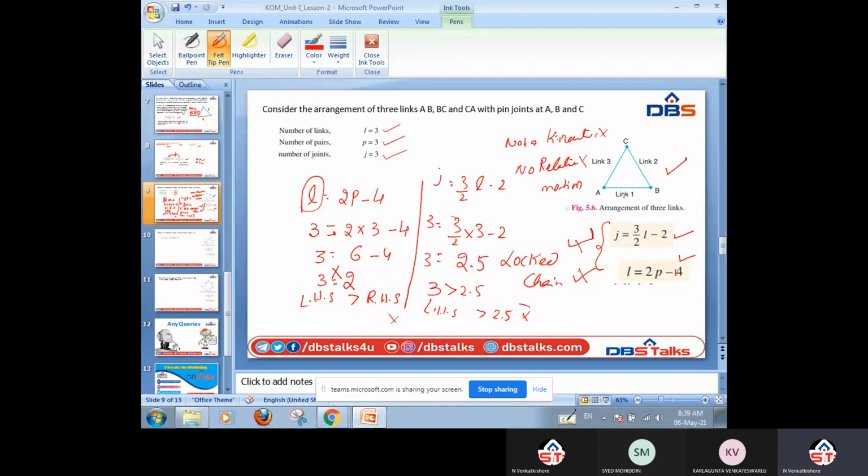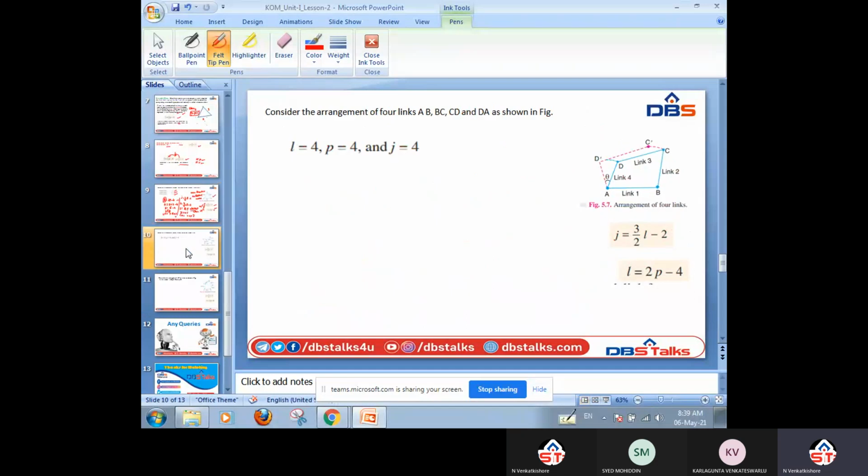Whenever these two conditions are satisfied, then only we will call it a kinematic chain. Here, in both cases, the conditions were not satisfied. This is called a locked chain.